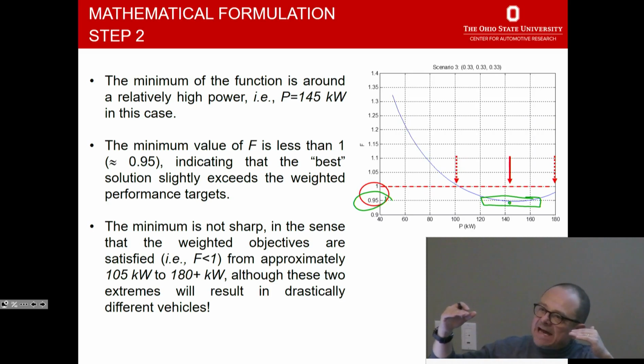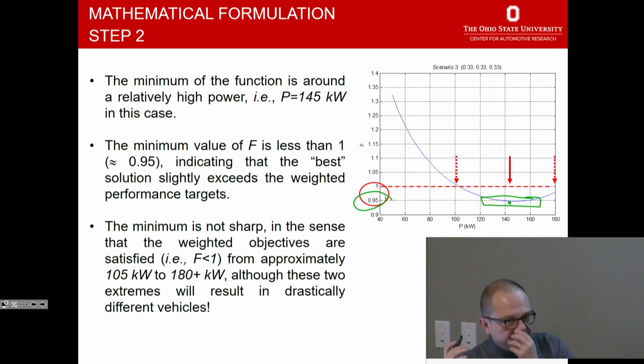It's relatively flat around the minimum. So in a sense, it doesn't matter too much. We'll talk about sensitivity later, but basically our solution here is not that sensitive to the size of the engine. You could probably make the argument that anything between 120 and 160 kilowatts would give you comparable solutions.